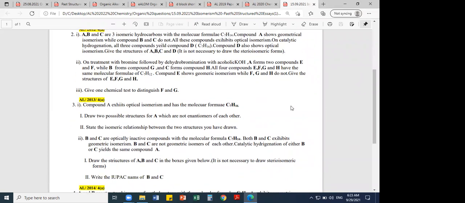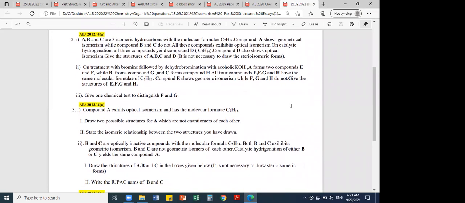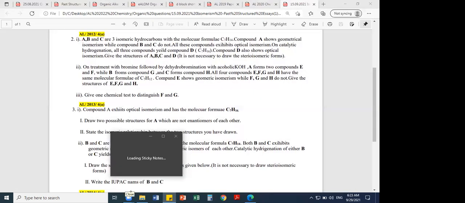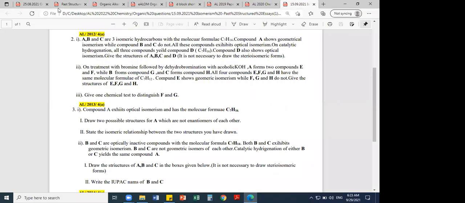I will use this white background. Please raise your hand those who have done this at home, the remaining questions, at least half of this.